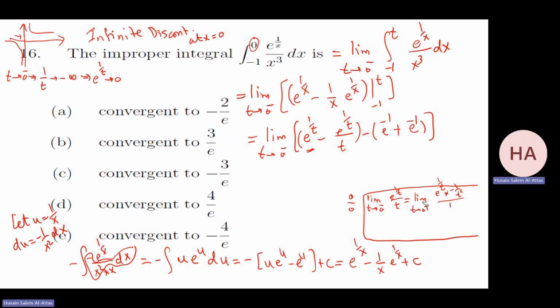If I substitute 0 from the left, I'm still getting 0 over 0. That will not help.